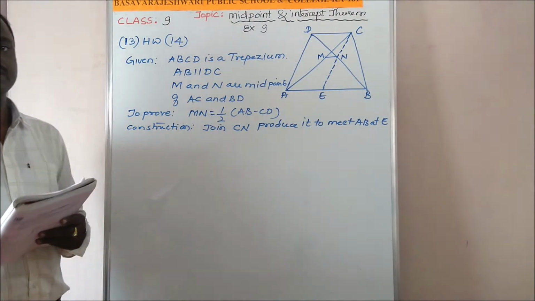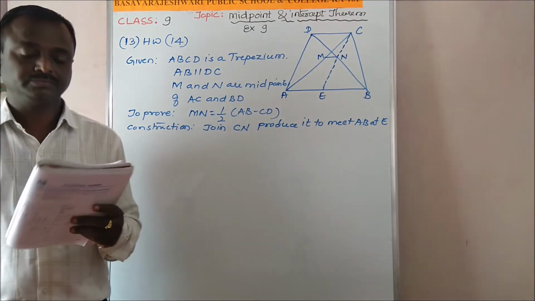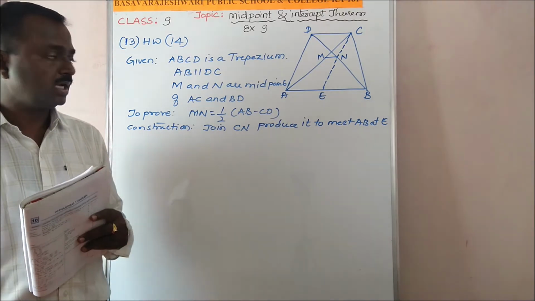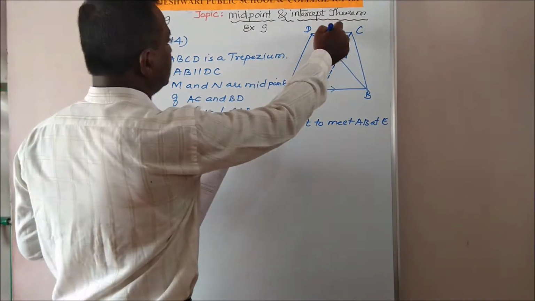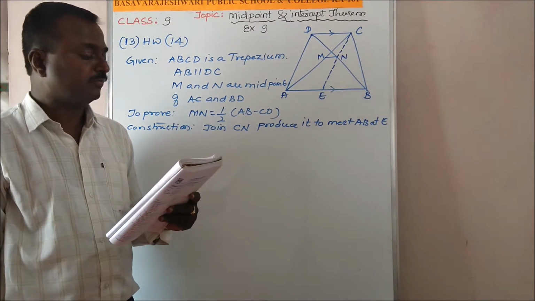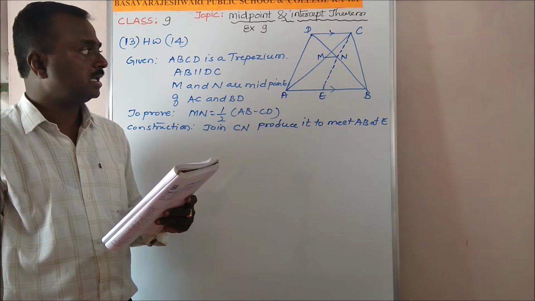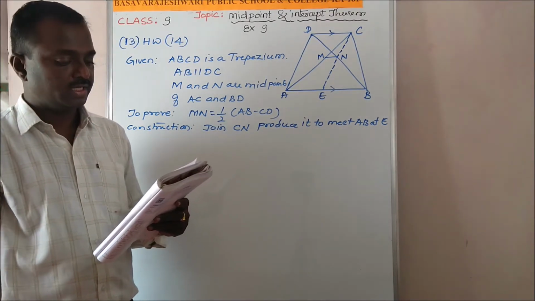So now question number 14. ABCD is a trapezium. AB and DC are parallel lines. M and N are the midpoints of AC and BD respectively.